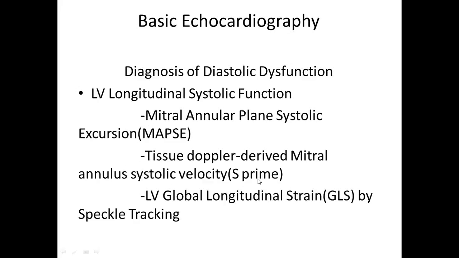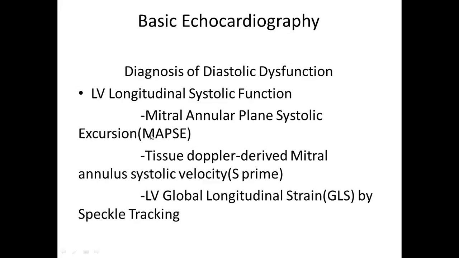These are things that give you LV longitudinal systolic function. It is the medial mitral annulus where you put the cursor. You can press either the M mode button or your tissue Doppler button.